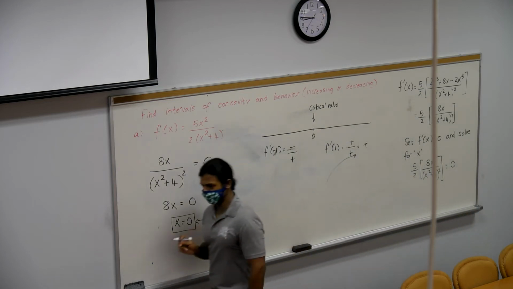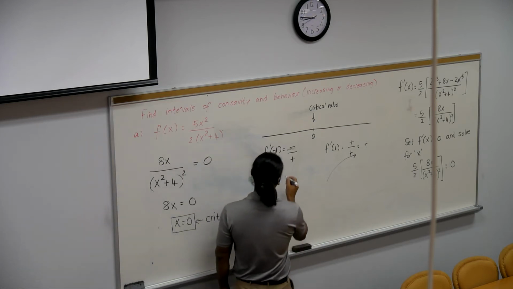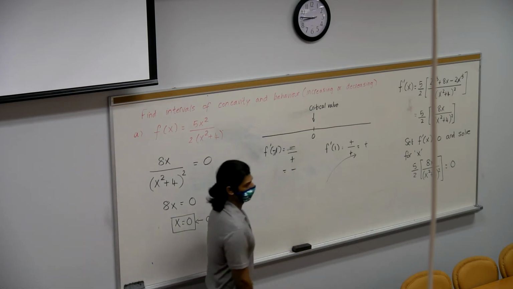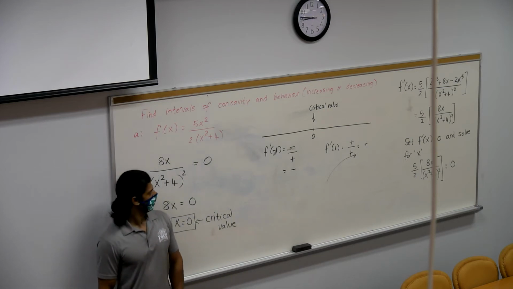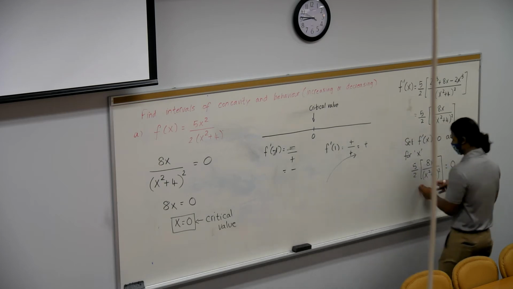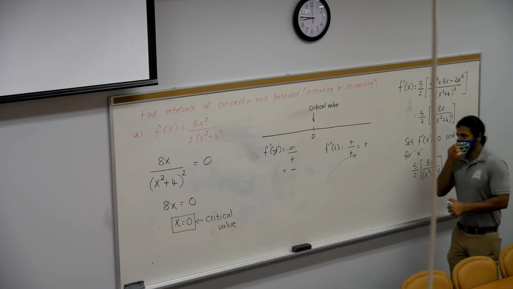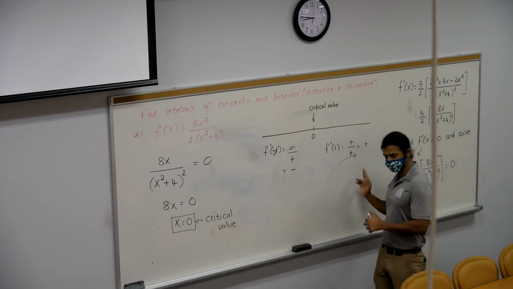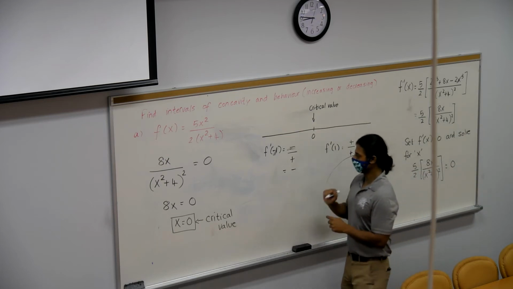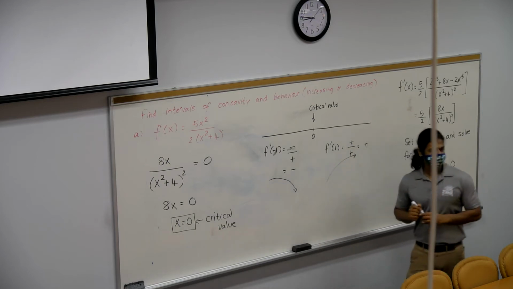A negative number divided by a positive number is negative. Right? If you don't like this approach, you can plug in the values and evaluate by the number. But all I'm saying is it is a waste of time. You don't have to do it because all we care about is the sign at the end. So it's negative, so it is going to be decreasing.